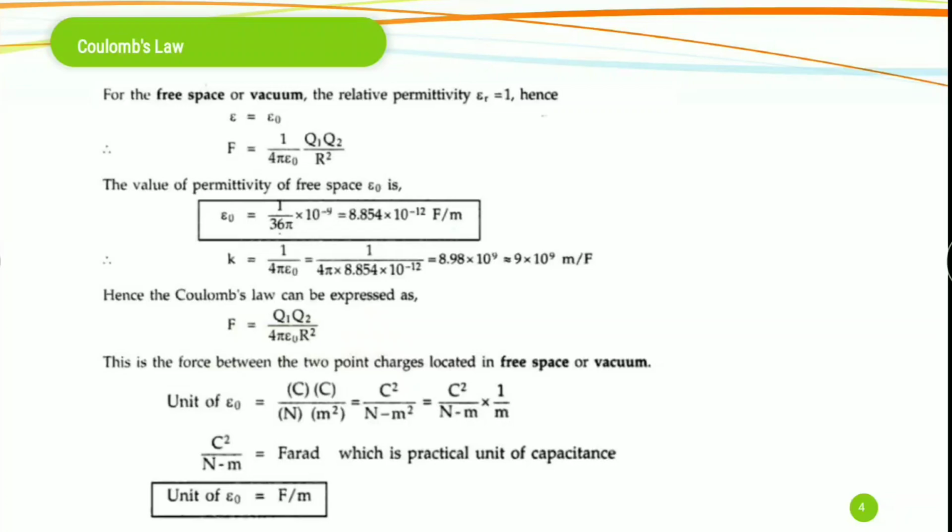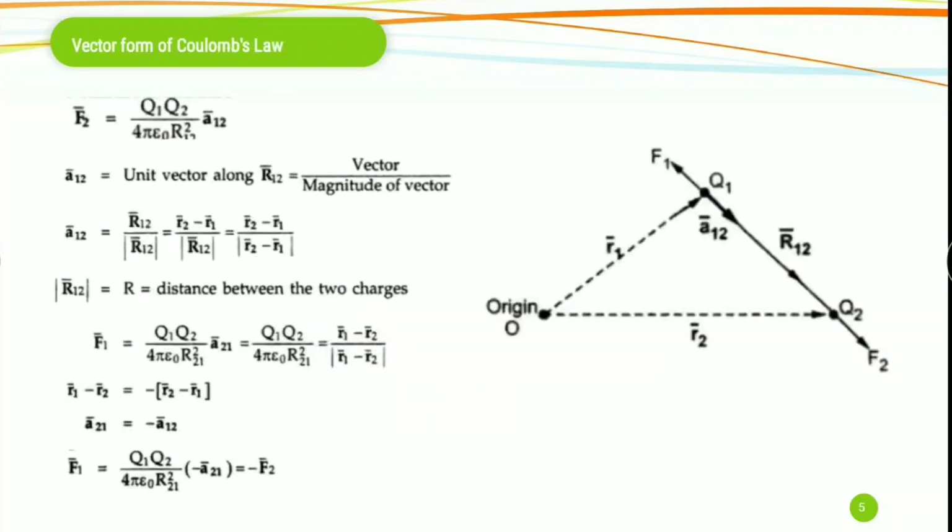Now this is Coulomb's law expressed in vector form. When you observe Coulomb's law in vector form, F2 bar, the bar above represents that it is a vector quantity. So the same formula changes into vector form.